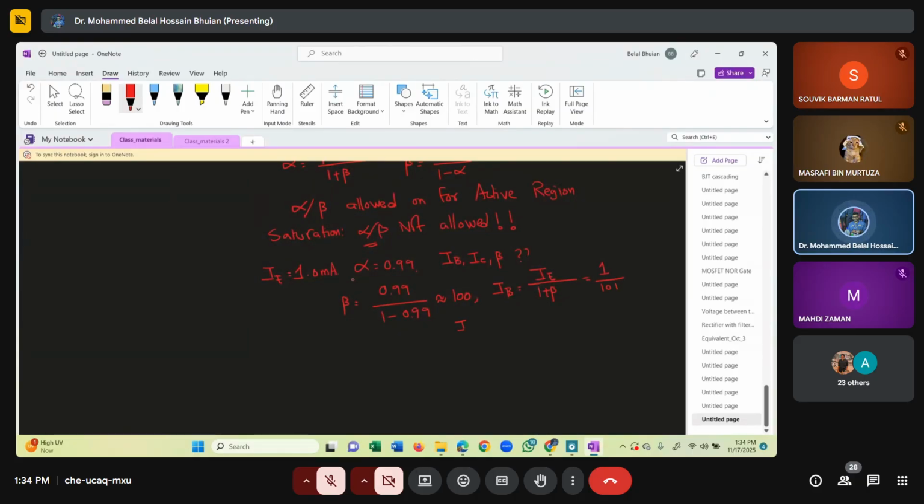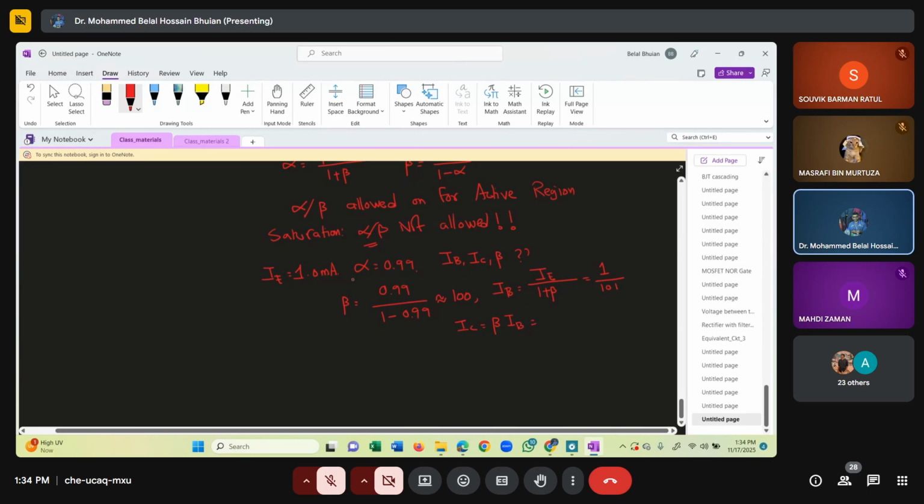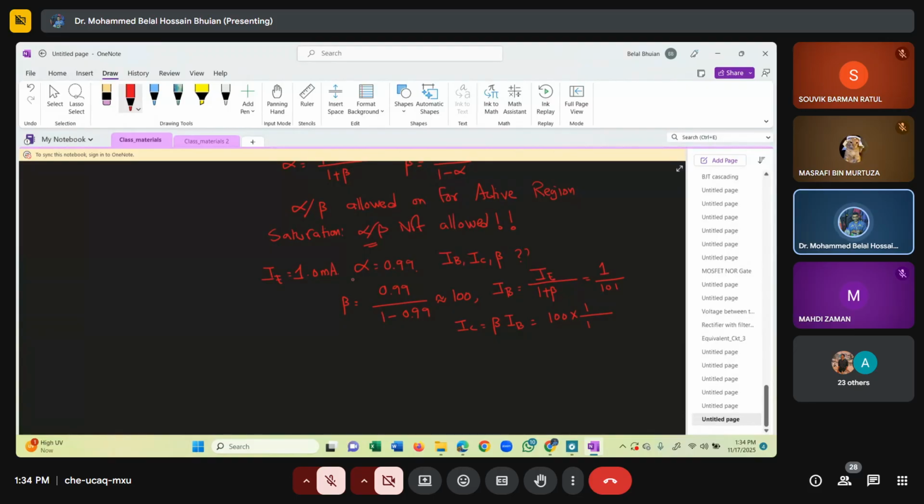And then IC as beta IB, so 100 times 1 divided by 101 milliampere. So that is how we can determine it.